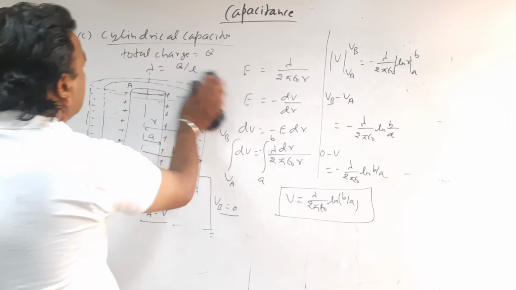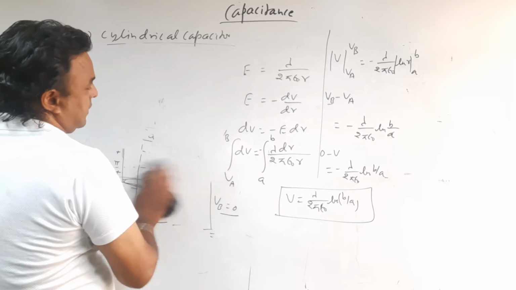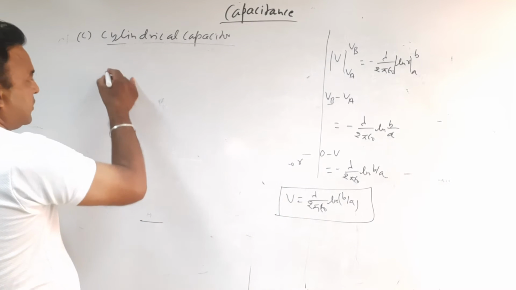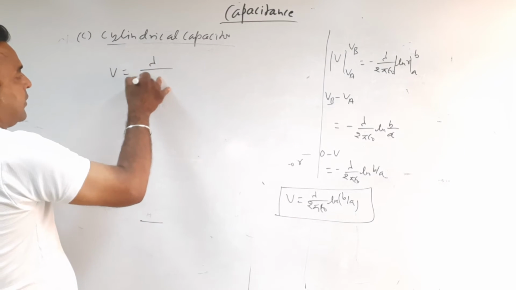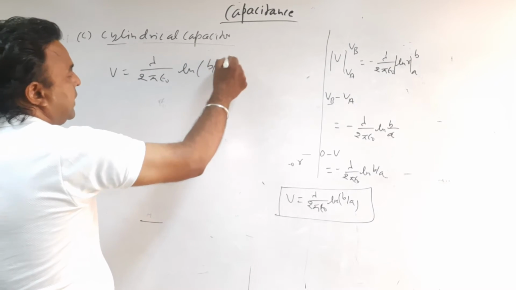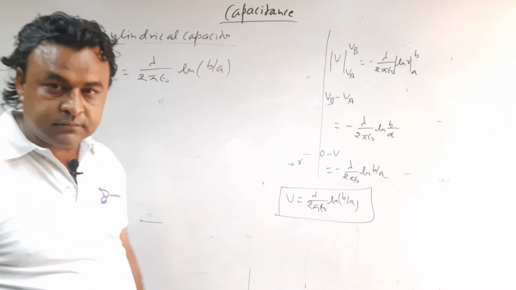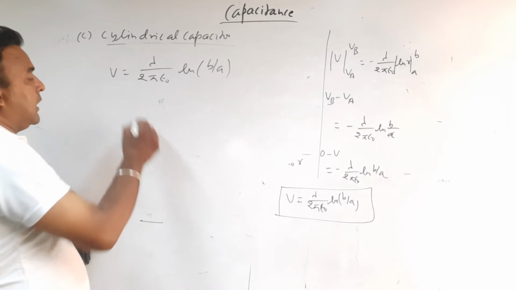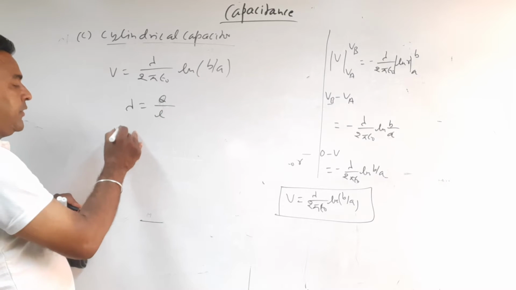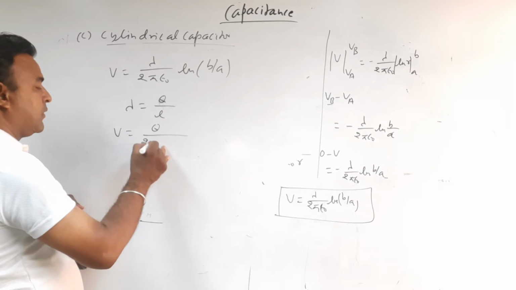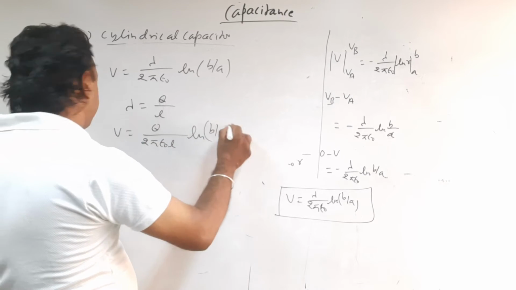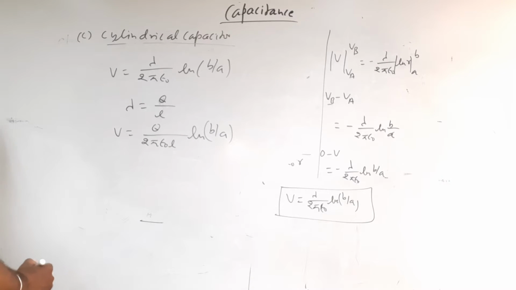Now look what I have. Now I have the result V is equal to lambda upon 2 pi epsilon naught ln B upon A. Lambda is Q upon L, and then I write V is equal to Q upon 2 pi epsilon naught L ln B upon A. Right?